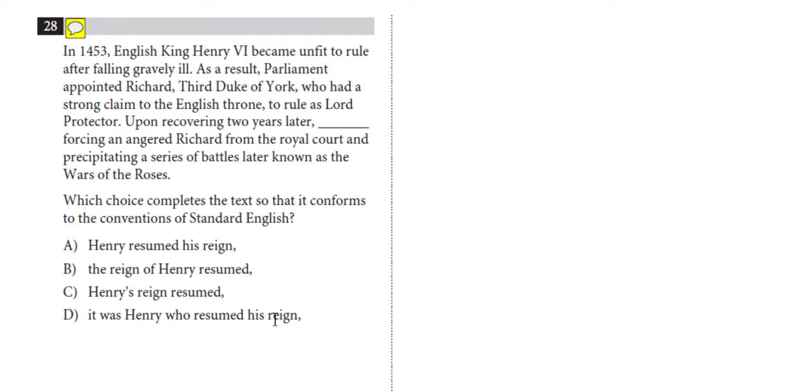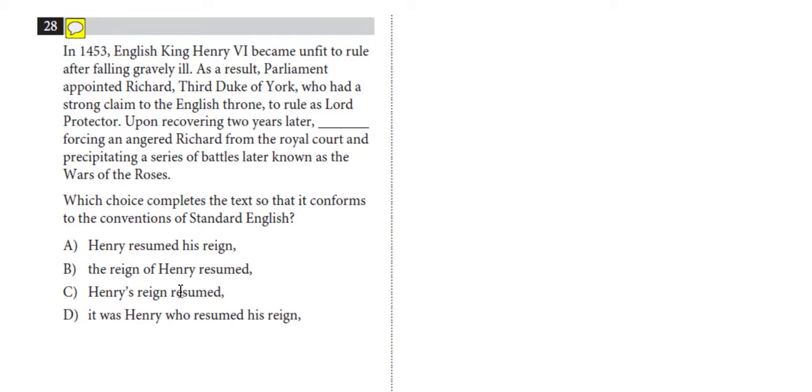So I'm gonna put this into effect and look at the answer choices. The first thing I can notice is that all of them contain relatively many words, not only one or two words as usual for those questions. If you read them all, answer choice A says Henry resumed his reign.